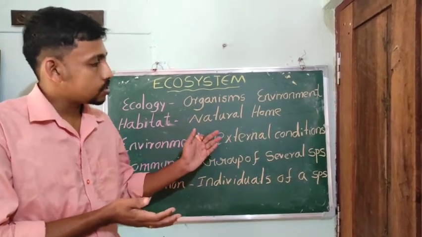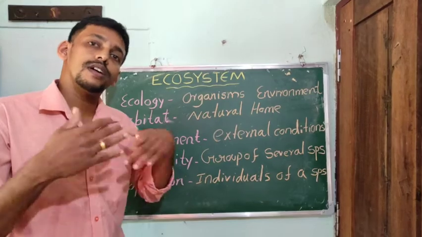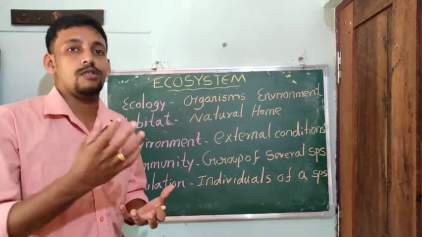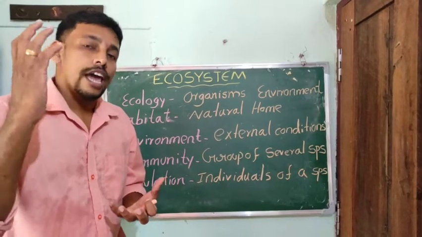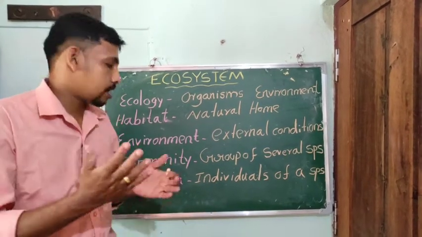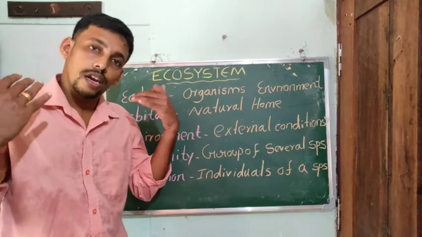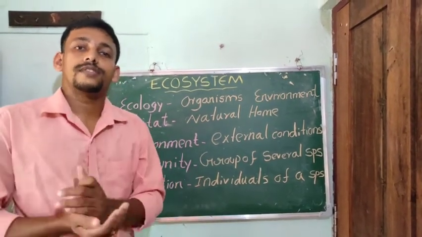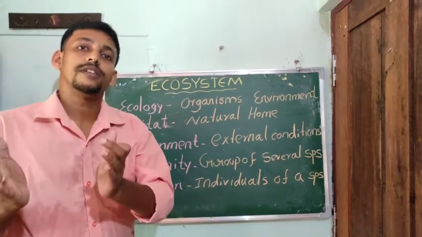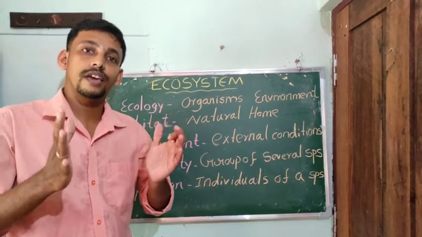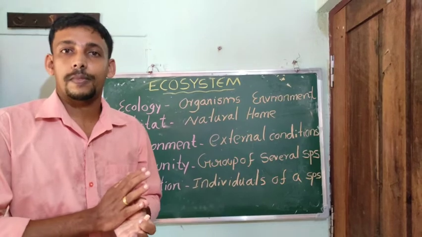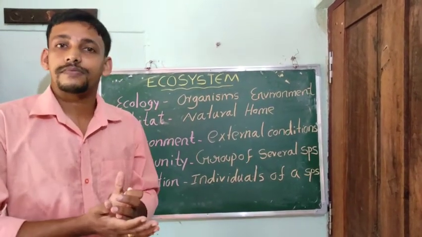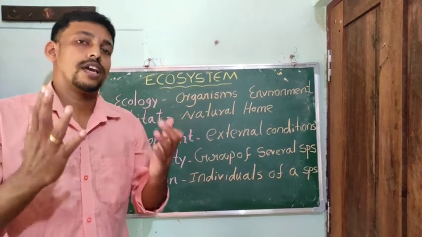A group of several species of plants and animals which are living in the same area or a similar habitat is known as a community. So we are also living in a community. In our surroundings, we can see different organisms, plants as well as animals. So we are living in a community. Okay, we share the same habitat with other organisms.